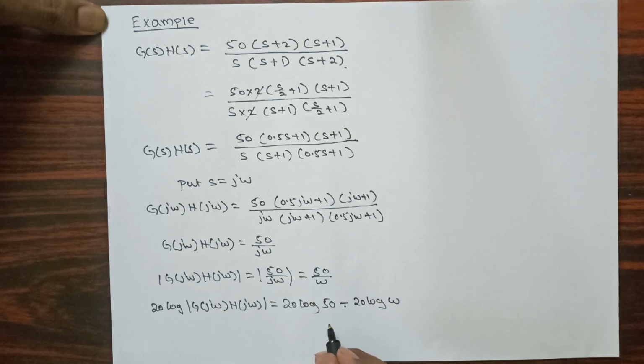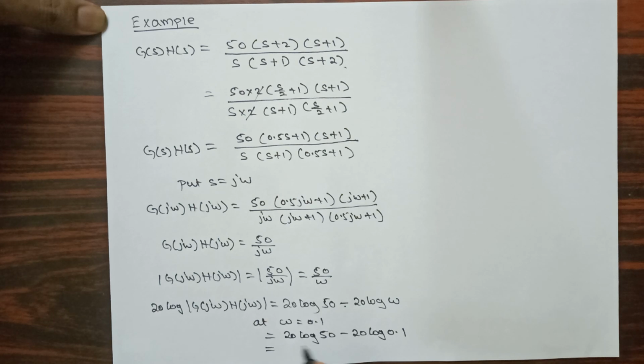Now to calculate the initial gain value, we have to consider the omega value always as 0.1.